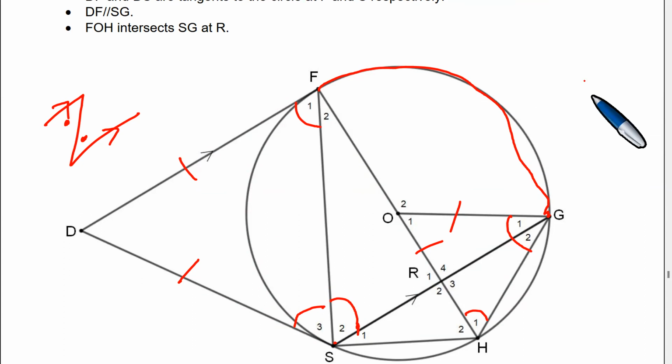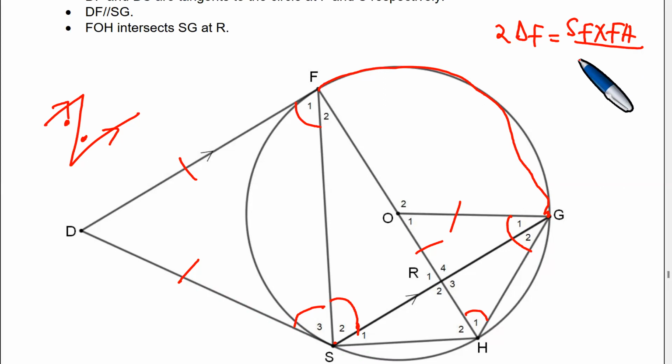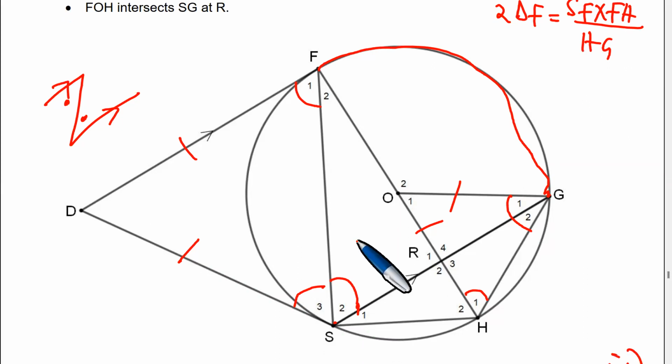Okay, so here you need to prove that twice DF is equal to SF times FH divided by HG. So the first thing is you need to look at these lengths and decide where to work, which triangles you're going to consider to prove this.